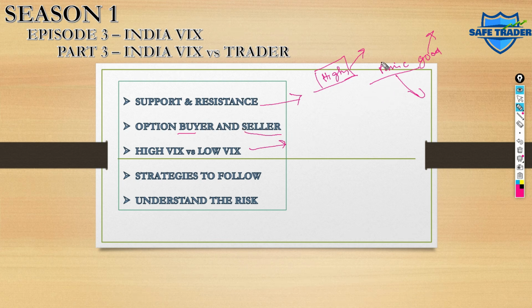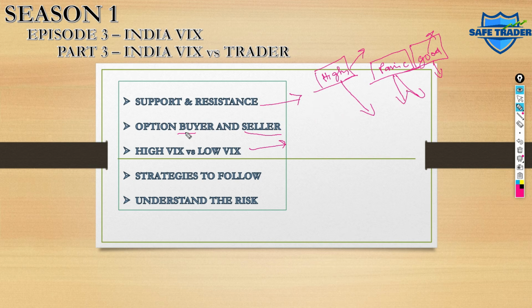Basically, when there is a high VIX like this during a panic situation or a good situation, most likely from that high the VIX might take a reversal, and eventually Nifty can also take a reversal from the upper side to the bottom, or bottom to the upside.